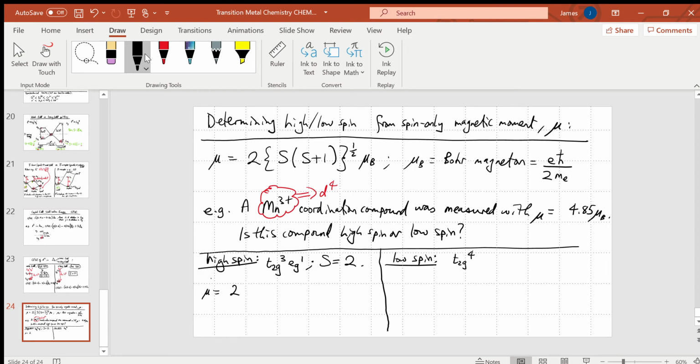So 2, the number 2, and then S in this case is 2, and then S plus 1, which is 2 plus 1, square root the whole thing, multiples of Bohr magneton. Well, this is going to equal 4.9 Bohr magneton.